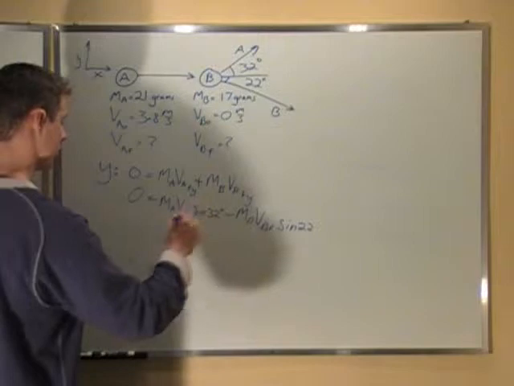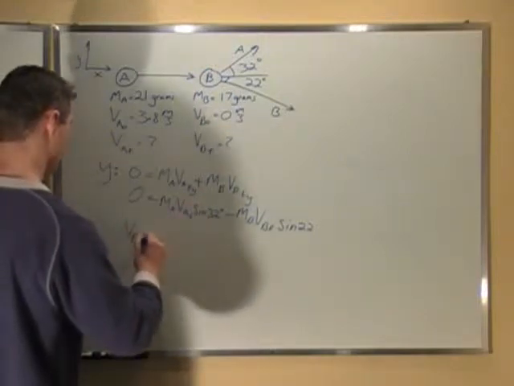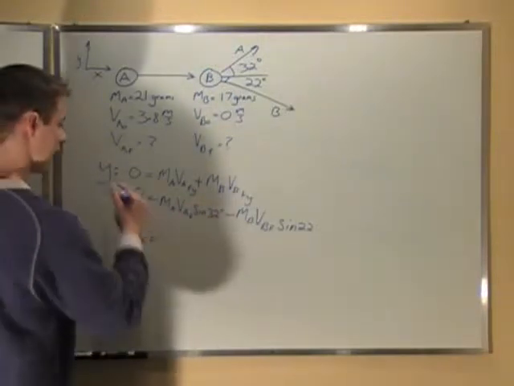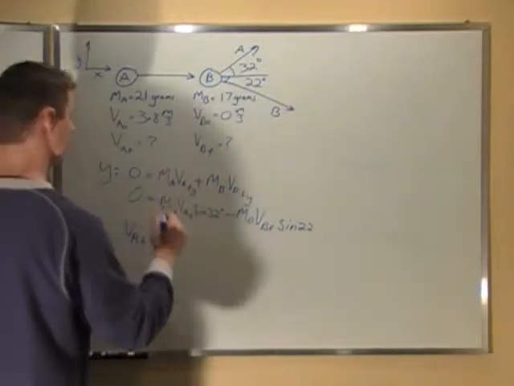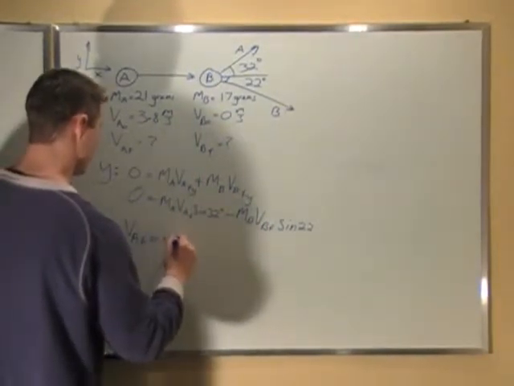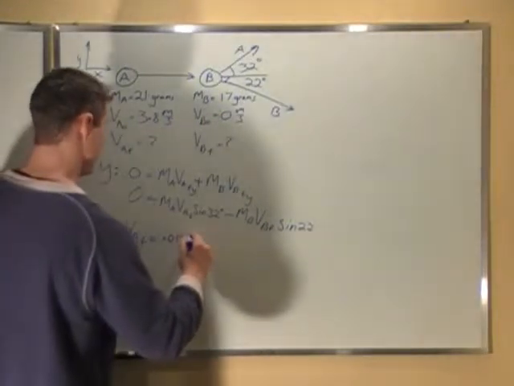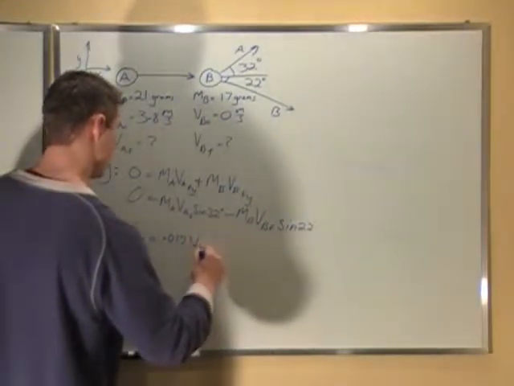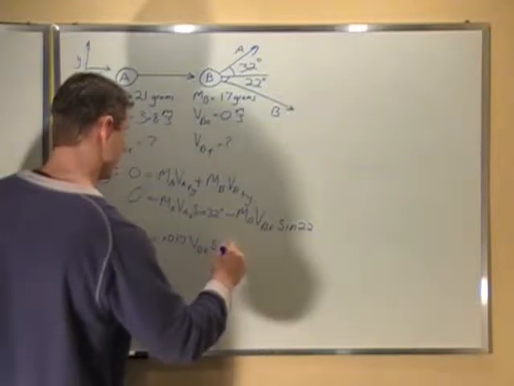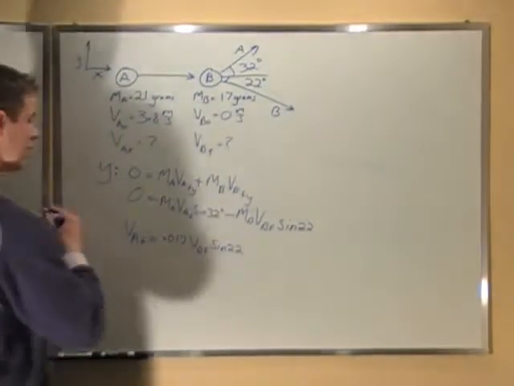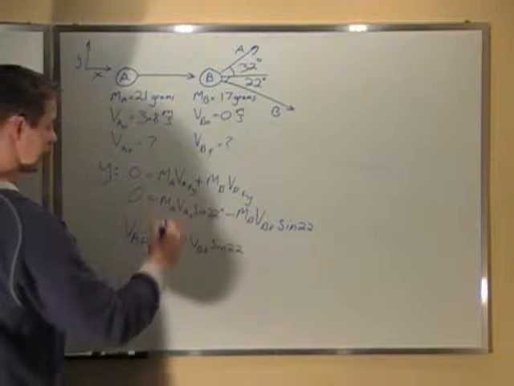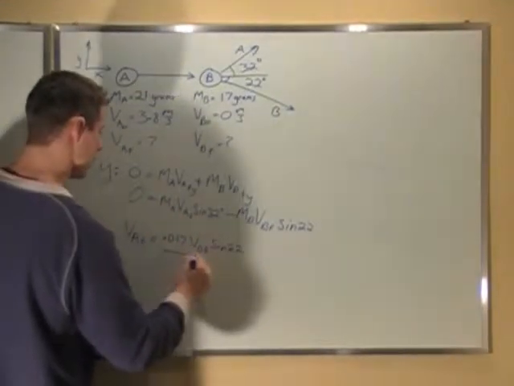So we'll have VAF equals, so I add this to the other side, mass of B is 17 grams, which is 0.017 kilograms, and VBF sine 22. So I added that to that side, now I have to divide by the mass A and sine 32.